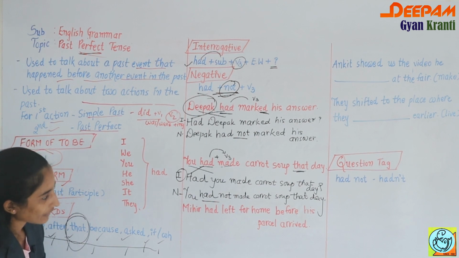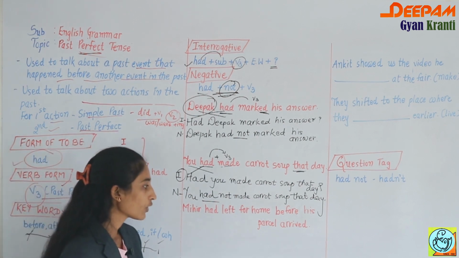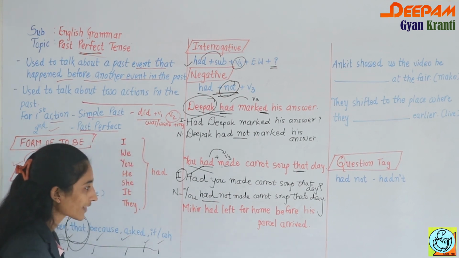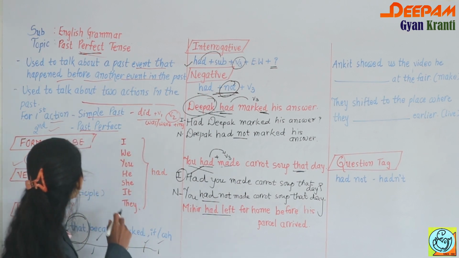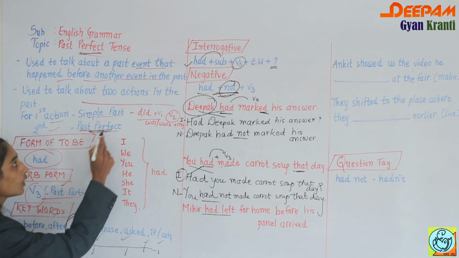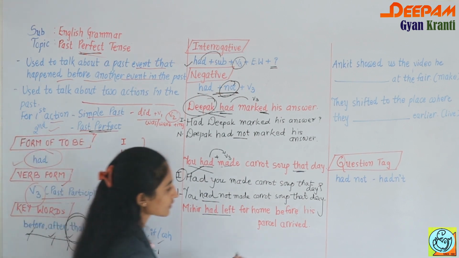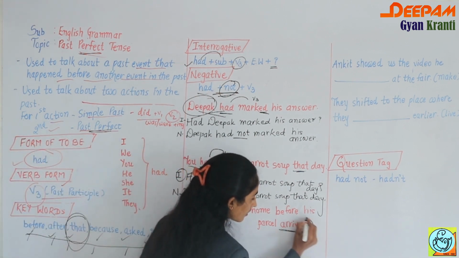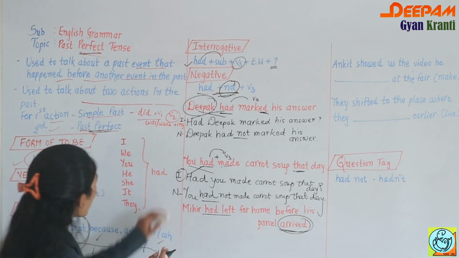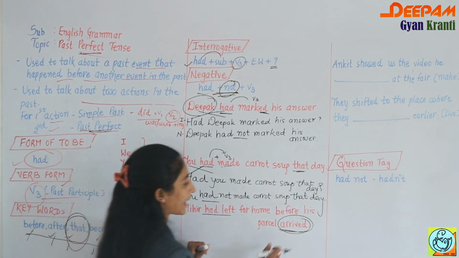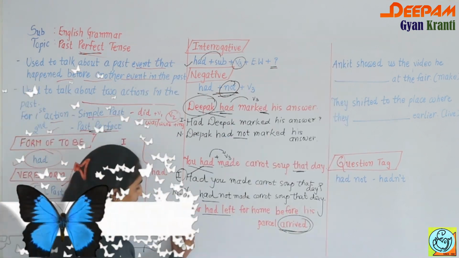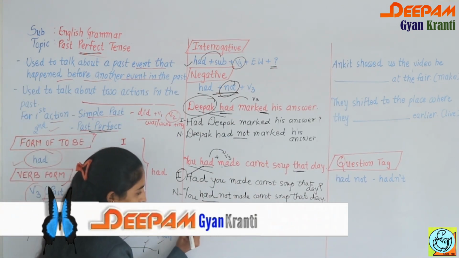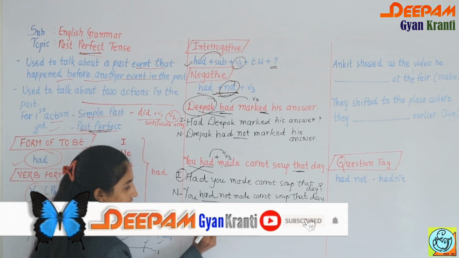Then: Mihir had left for home before his parcel arrived. So two actions are here. See, had left, that is the second action, for which we have to use past perfect, and the first one is arrived. Arrived means V2, and when V2 is there, it is simple past tense. So first of all, the interrogative sentence. Definitely we have to follow the cross pattern, and let's check the sentence.